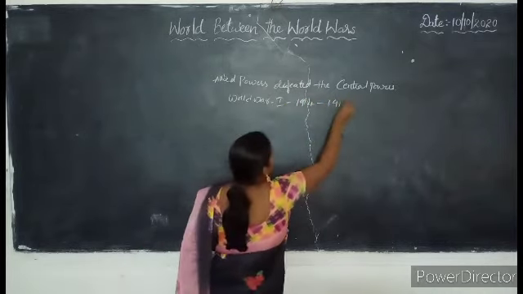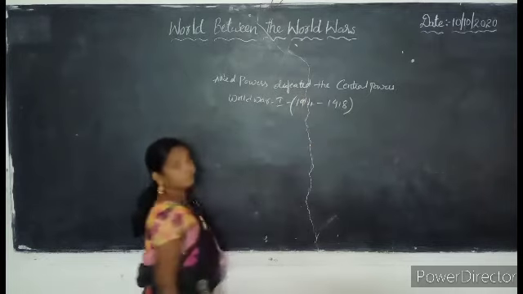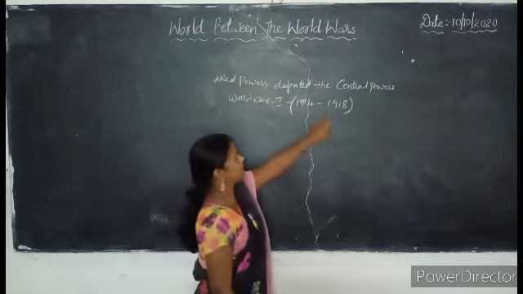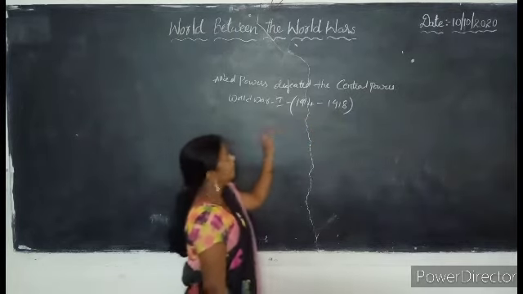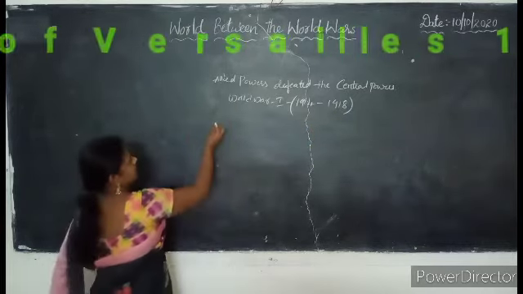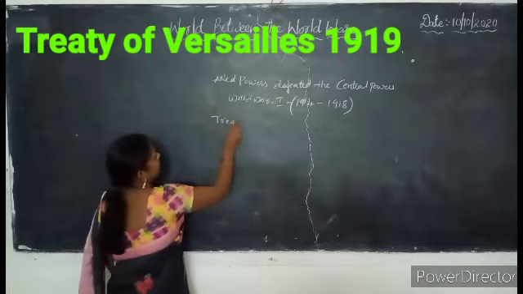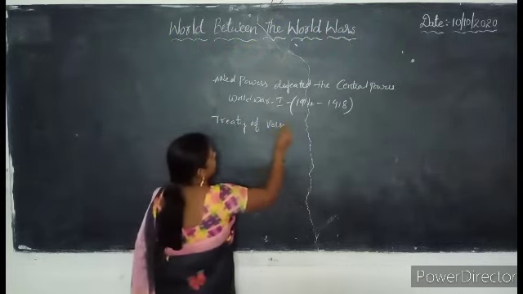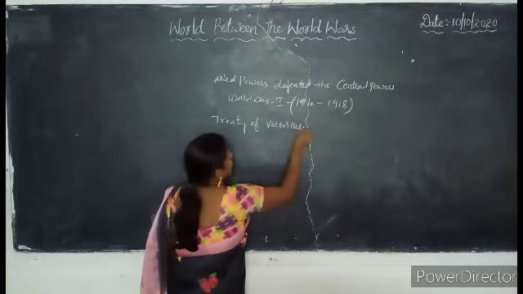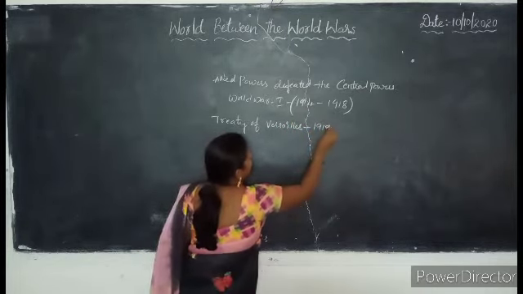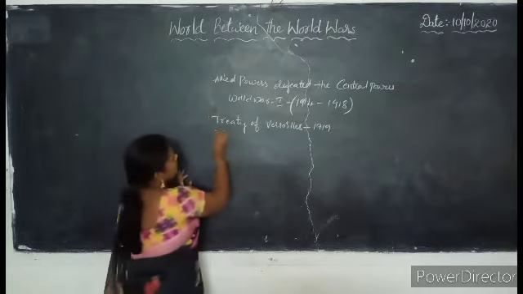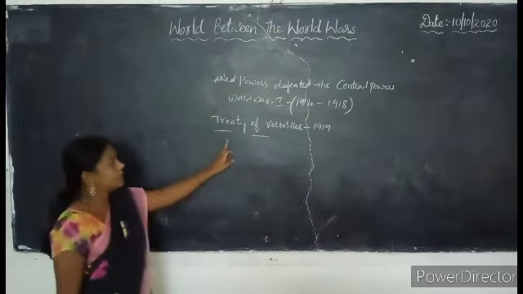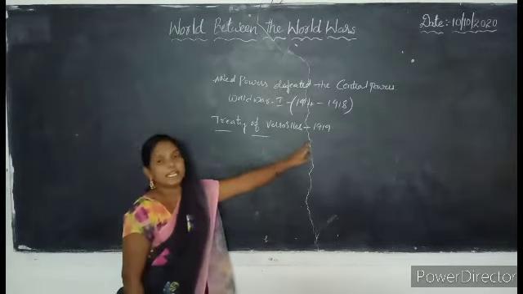Officially it ended in the year 1918. The Allied powers started the Treaty of Versailles in the year 1919. You have to remember, the Allied powers started the Treaty of Versailles in 1919.